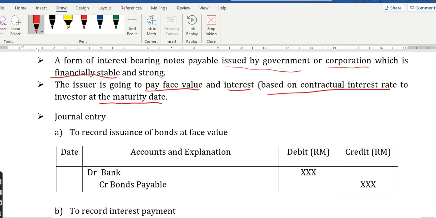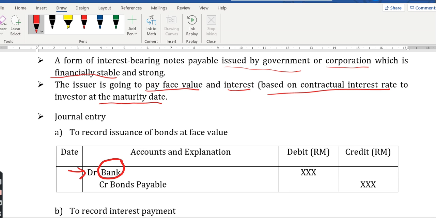And since the amount is issued by the government or a very big financial corporation, all the transactions are made into your bank account. So we are going to use only bank for bond. When we issue the bonds payable, we will debit bank because we are receiving money from the issuance, and we will credit bond payable.